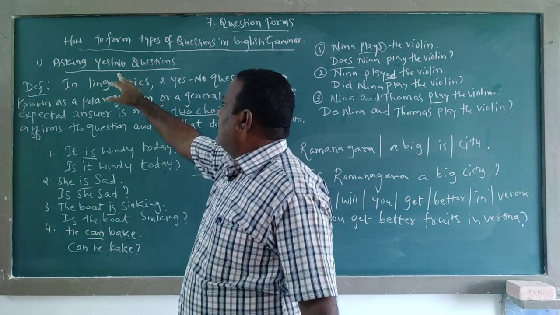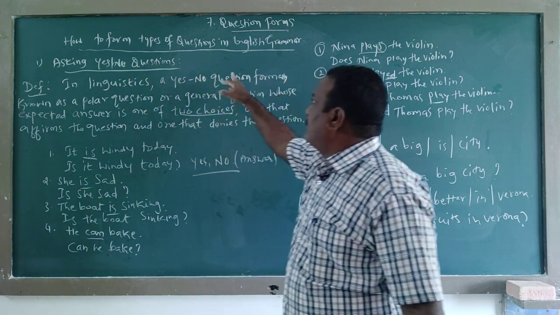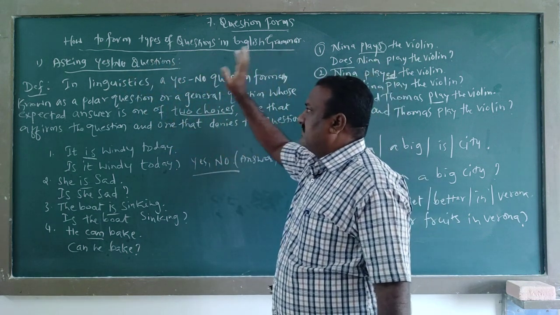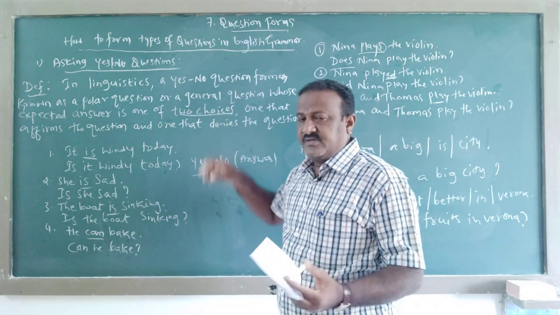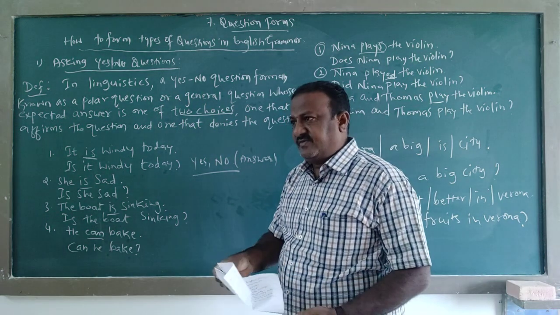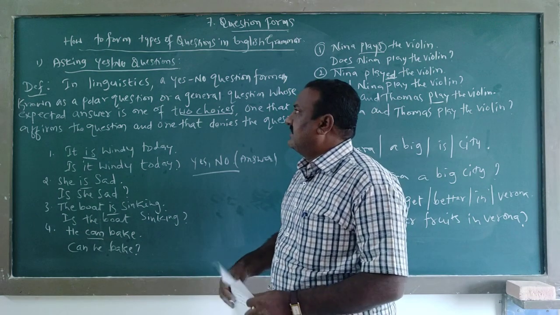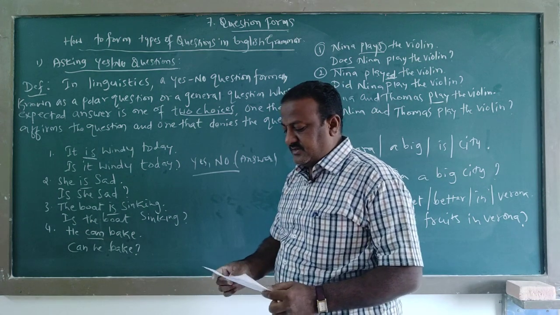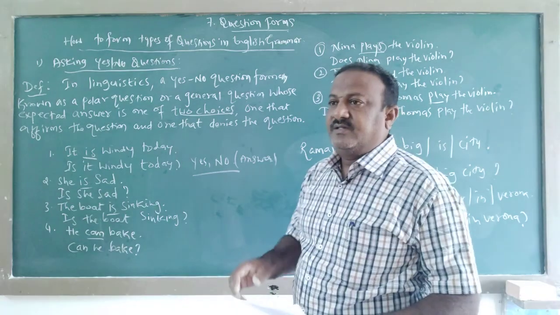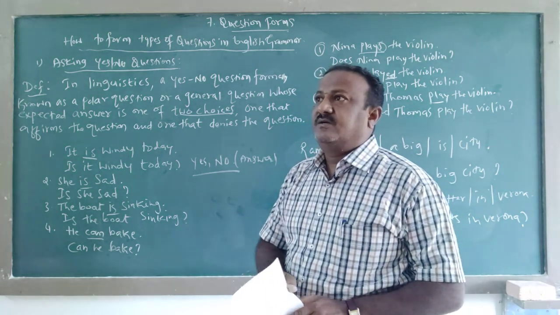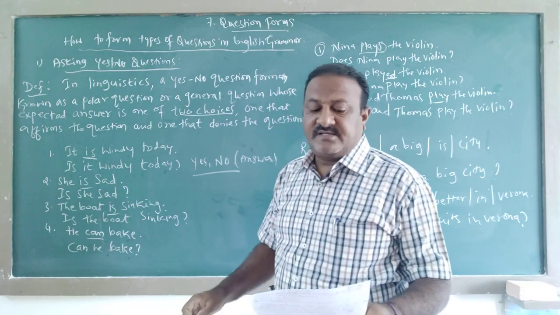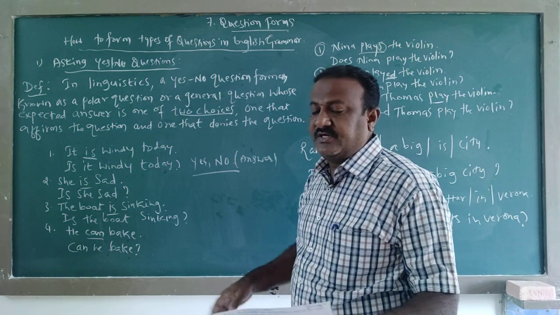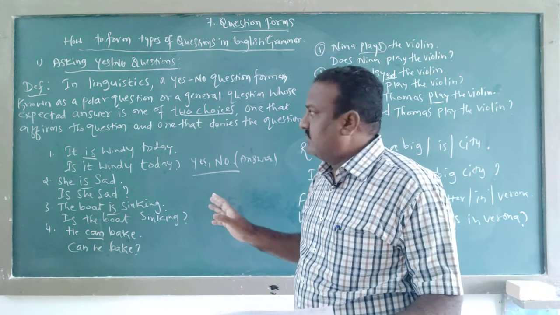See, how to form types of questions in English grammar. First one here in your workbook, page number 24, the question is about yes or no questions: write yes or no questions using the statements given below.